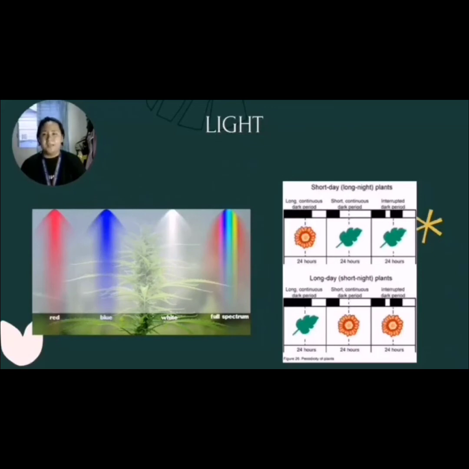Long day plants begin to flower when the nights are under 12 hours long. And there are neutral plants, whose flowering response is unaffected by daylight.